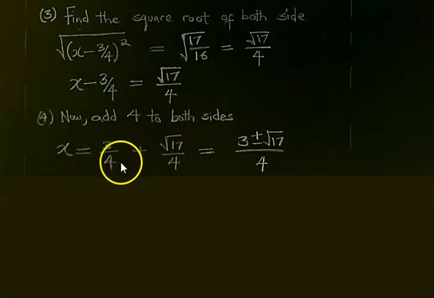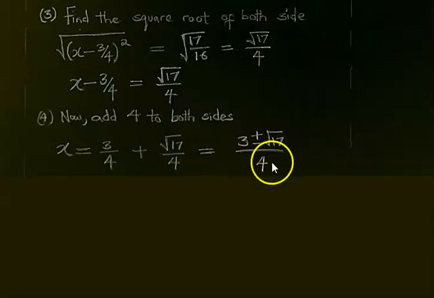If we are adding 3 over 4 to both sides, this is what we'll be having. Minus 3 over 4 plus 3 over 4 cancels, so that makes x remain on the left hand side. And adding 3 over 4 to the other side, we have 3 over 4 plus square root 17 over 4. So adding that, we are going to be having 3 plus or minus square root 17 over 4.